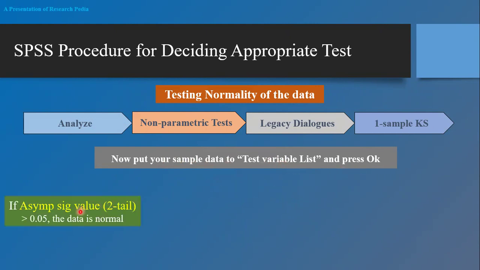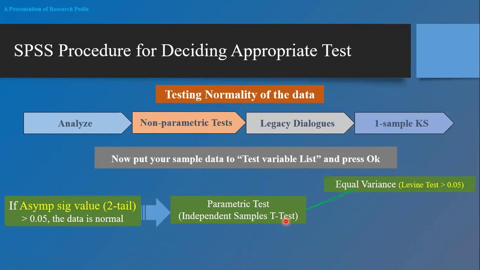It will let me know if the asymptotic sig value is greater than 5%, we will consider this type of data as normal. And if the data is normal, it means we need to use a parametric test, which is the independent sample t-test.